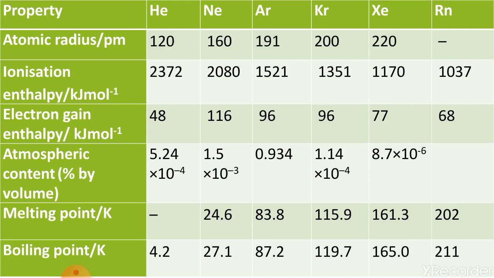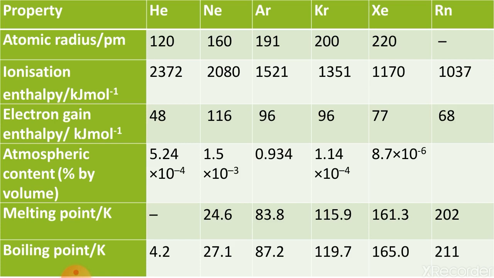That's why the electrons come far from the nucleus, and the enthalpy of ionization decreases down the group. Then electron gain enthalpy is positive for all the gases. The values here are given only to help understand ionization enthalpy and electron gain enthalpy. There is no need to learn these values.